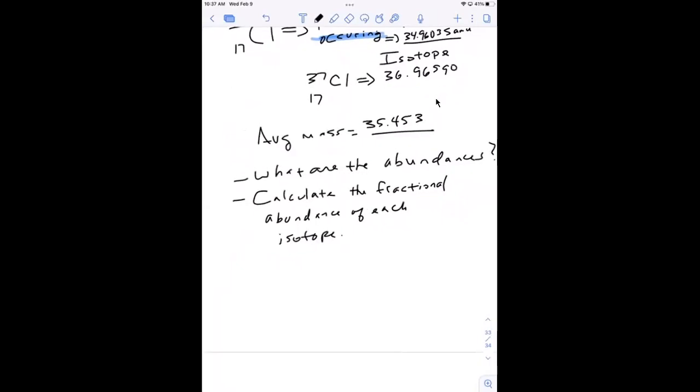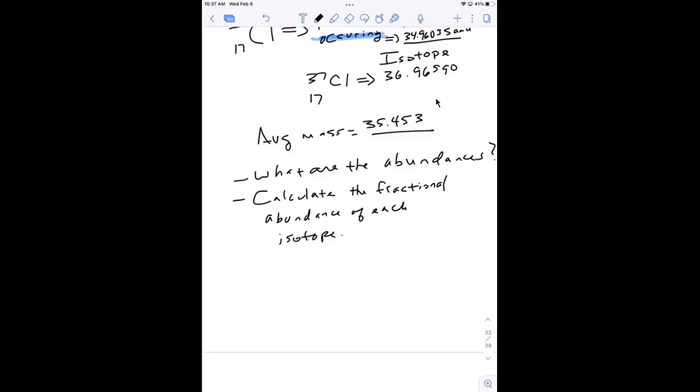All right, so we need to calculate that, but we don't know what the fractions are. But what do we know about them? Don't they have to add to 100?